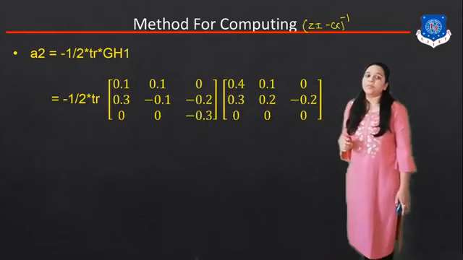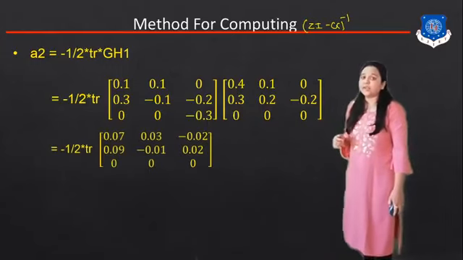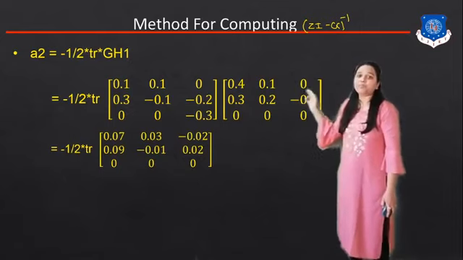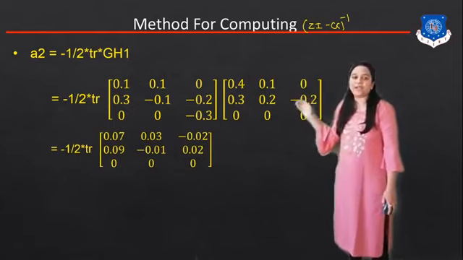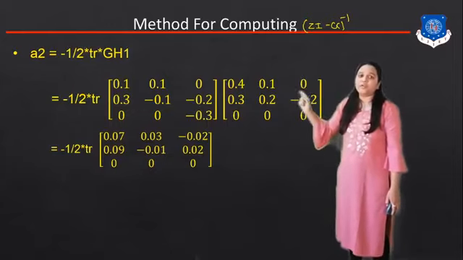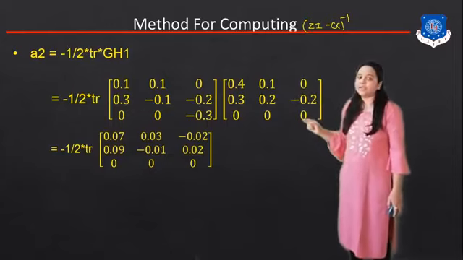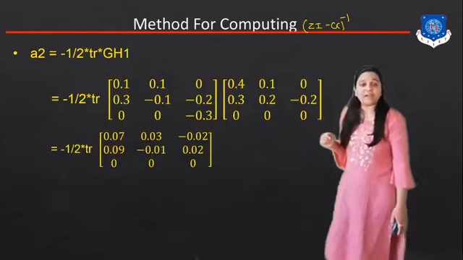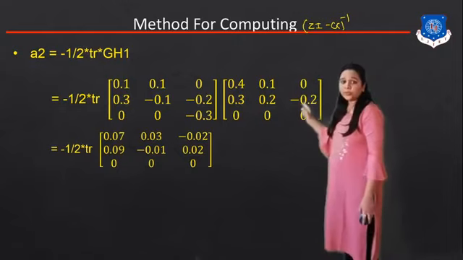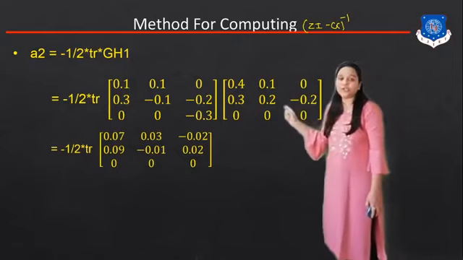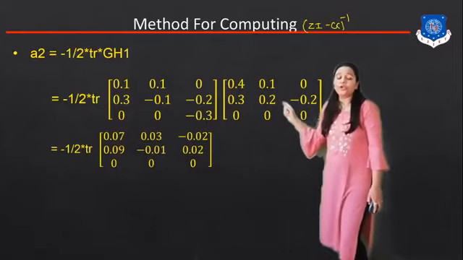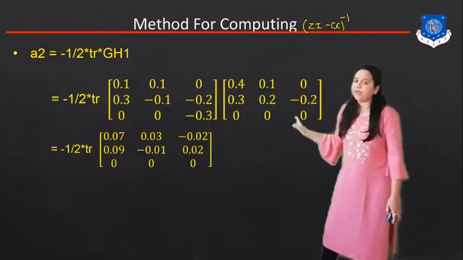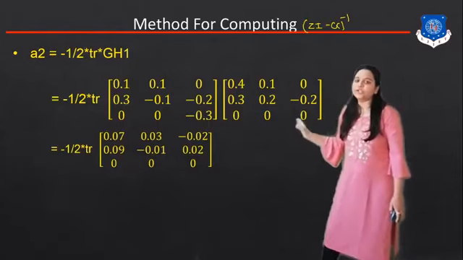So minus 1 by 2 into trace as it is, and here we have the multiplication of G and H1. We have multiplied these two matrices and we get the answer 0.07, 0.03, minus 0.02, then 0.09, minus 0.01, 0.02, 0, 0.